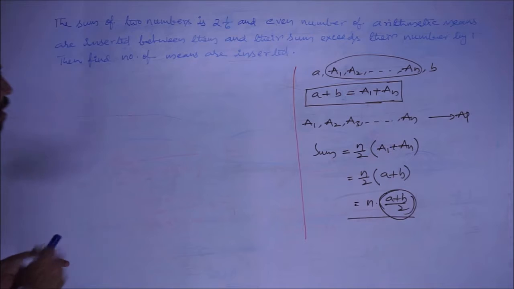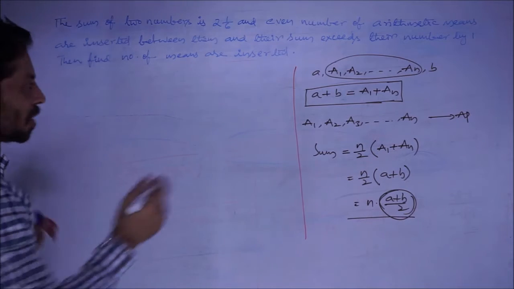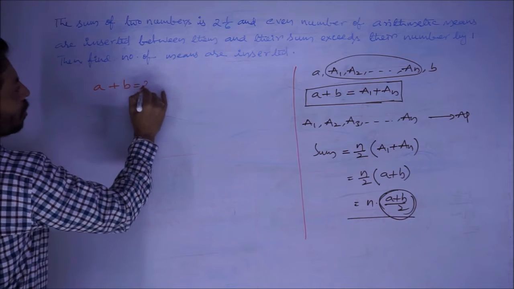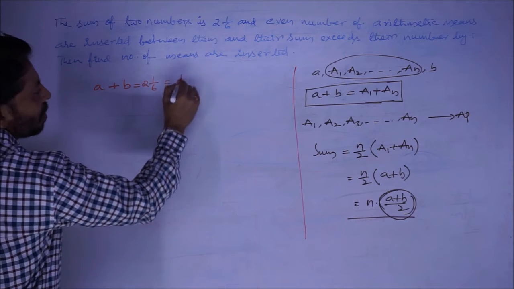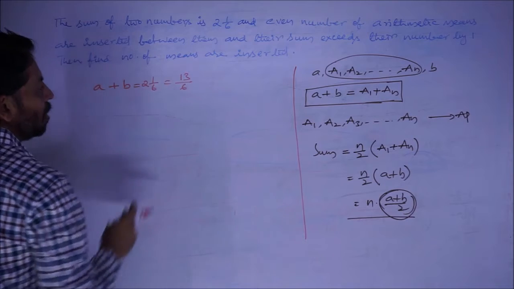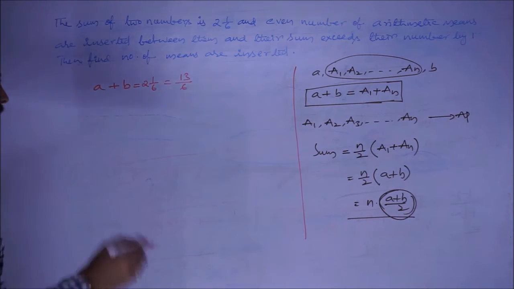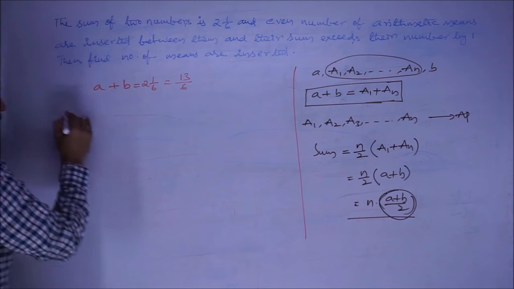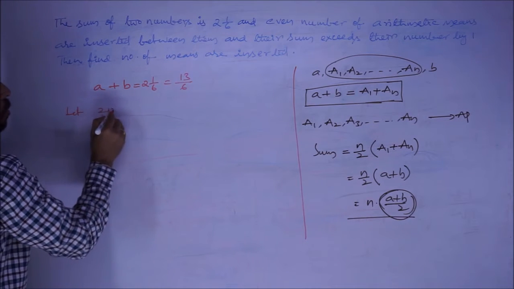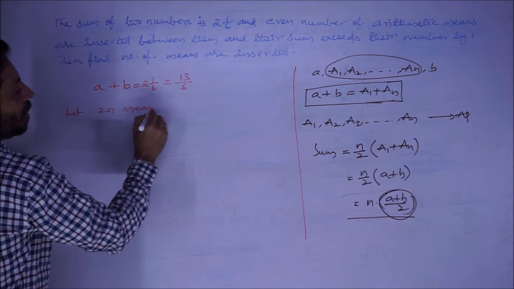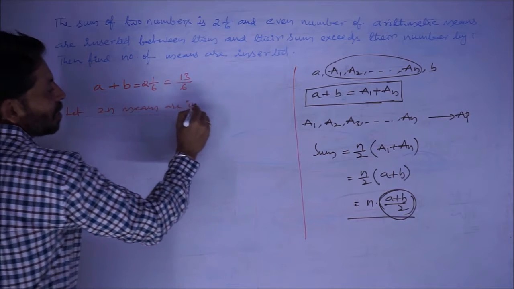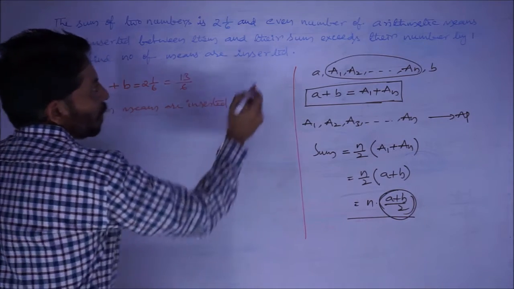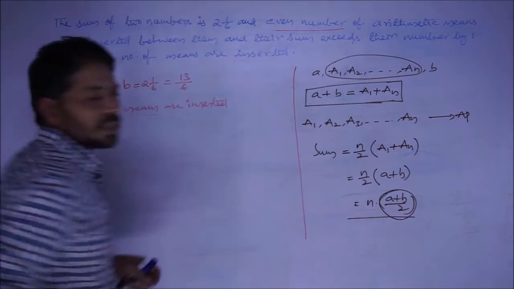Now what is given? Let the two numbers be A and B. So A plus B equals 2 1/6, that is 13/6. The sum of two numbers is given, and an even number of arithmetic means are inserted. Let 2n means be inserted, because an even number of means are inserted.